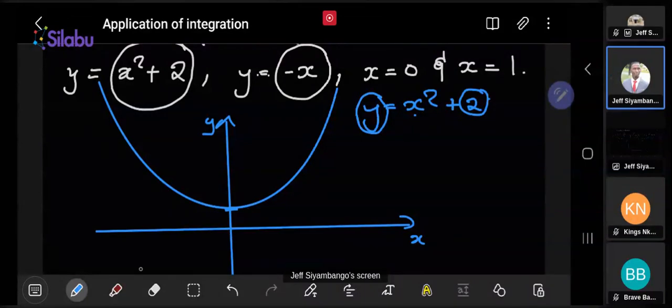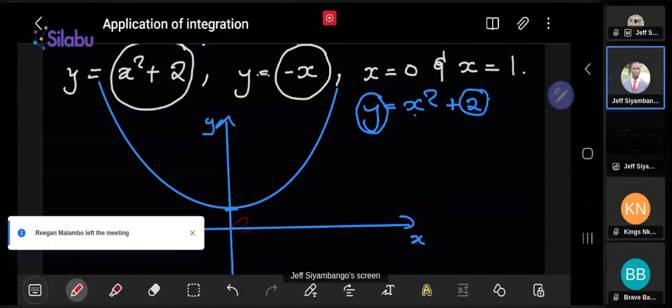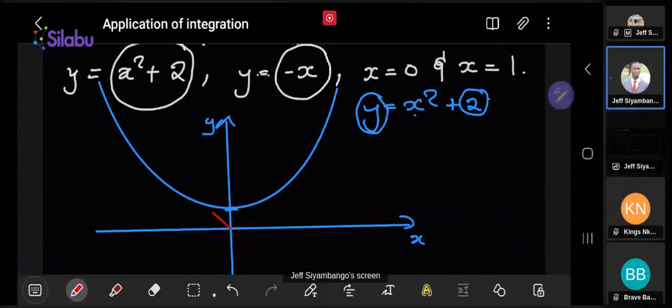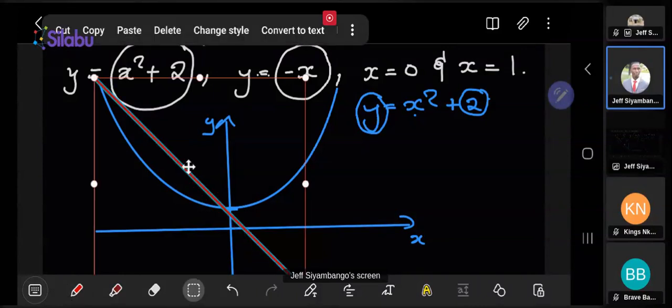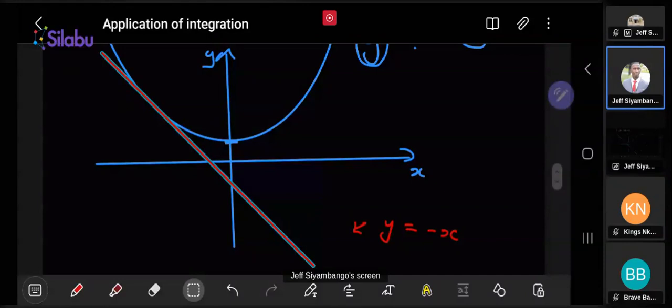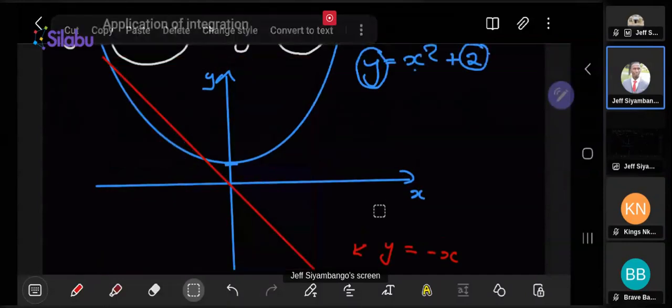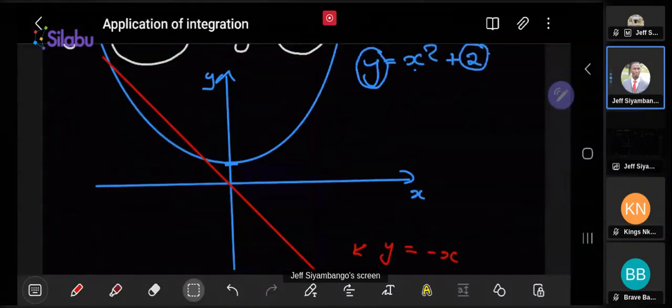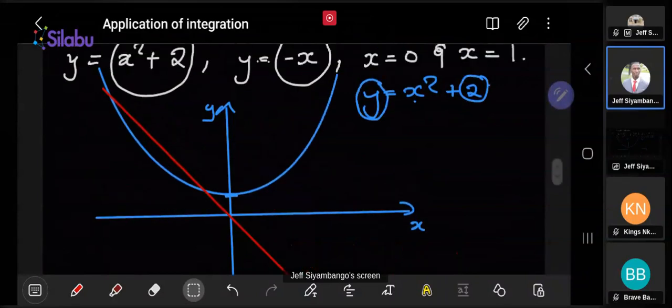So with that in mind, we have made our graph. Let's see y is equals to minus x. Let me place it as something like this. Okay, let me shift this a little bit. Okay, so we have something like this.